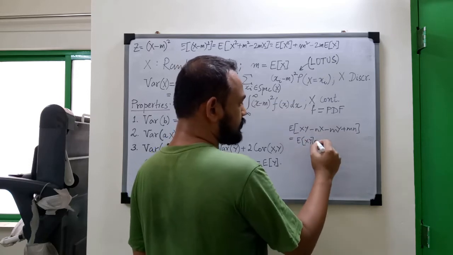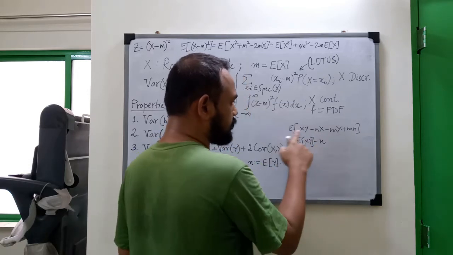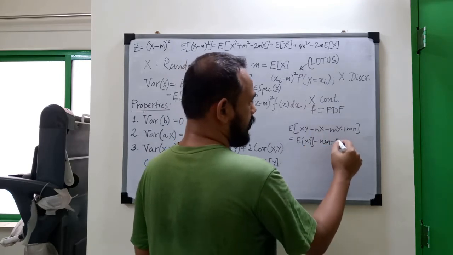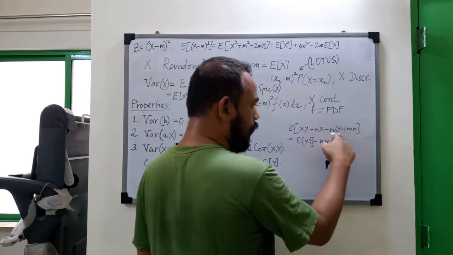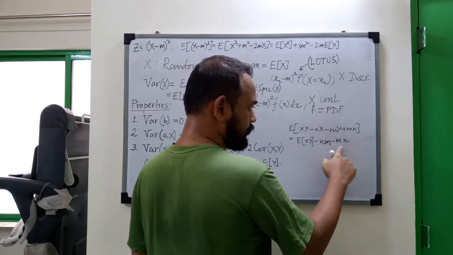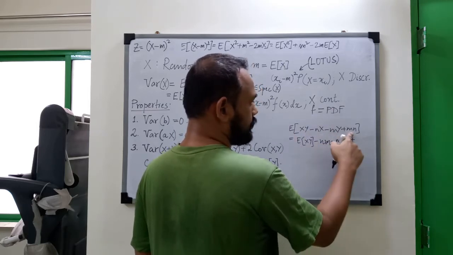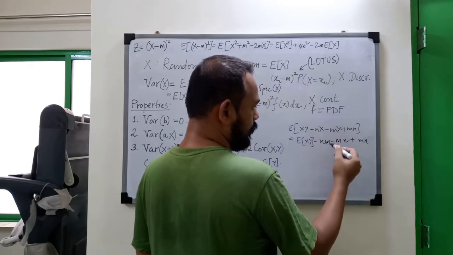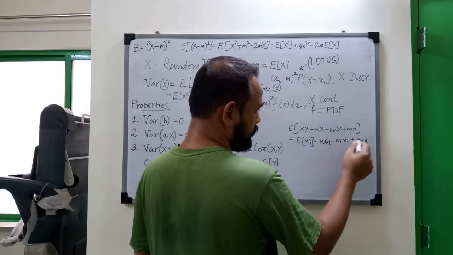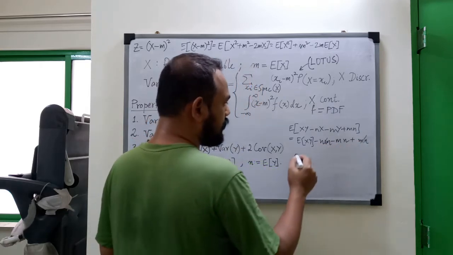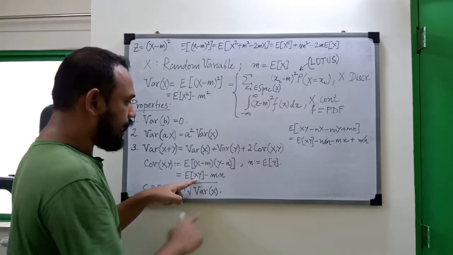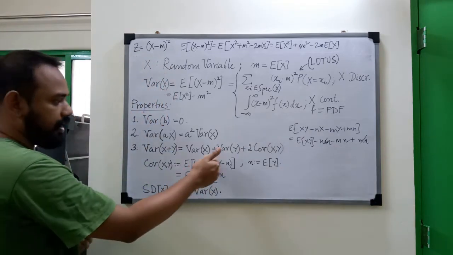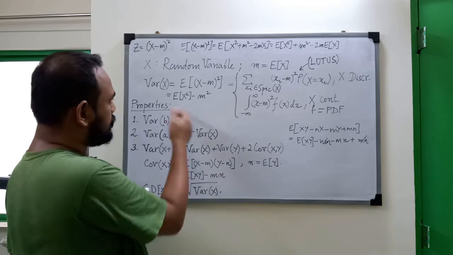You would get minus n times expectation of x, which is m, then minus m times expectation of y, which is n, these two are the same, plus expectation of a constant quantity, which is mn. So one of them will cancel, and you're left with expectation of xy minus mn. Okay, so if you simplify this, it becomes a simpler formula, just like this.